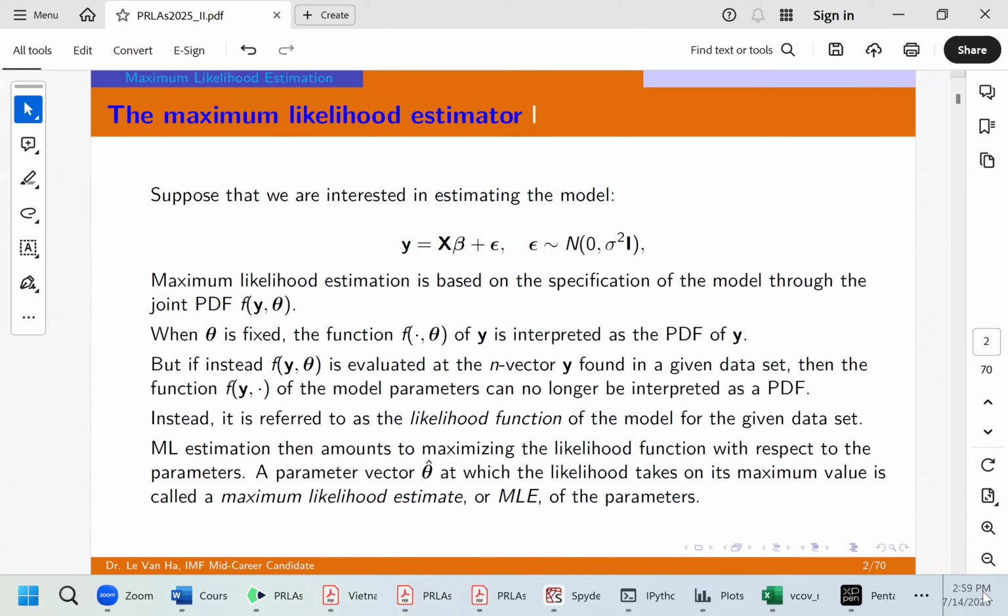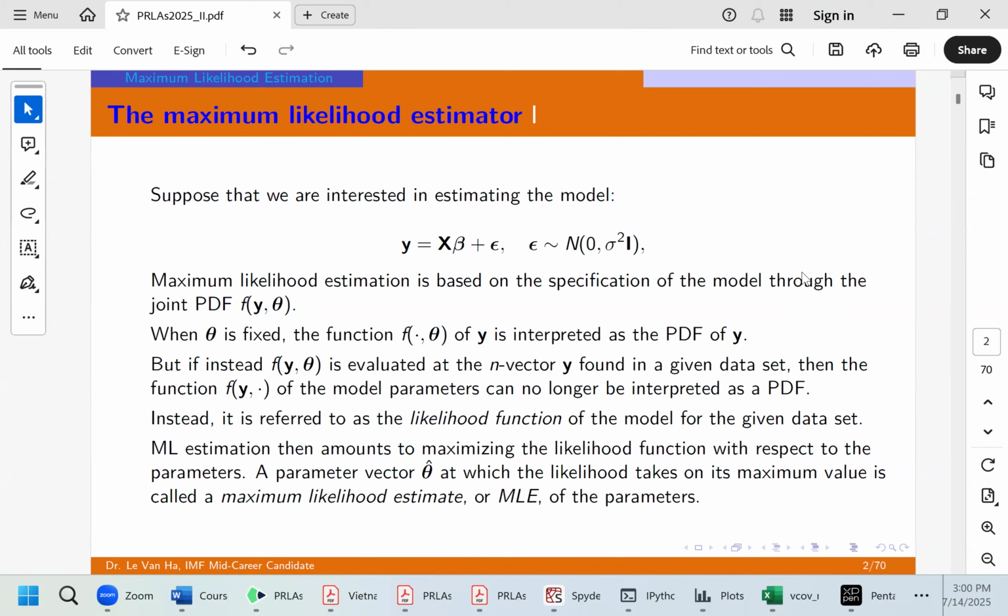So basically the idea of the maximum likelihood is to choose the value. The maximum likelihood estimation is based on the specification of the model through the joint PDF, probability density function, f_Y(y; theta). So generally speaking, when you know F and when you know theta, you will be able to get the Y. That is the probability density function.